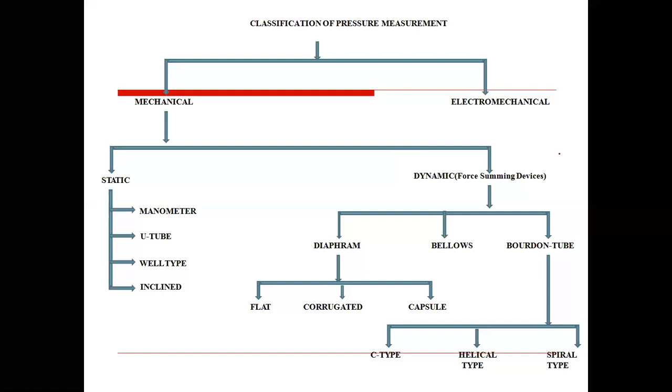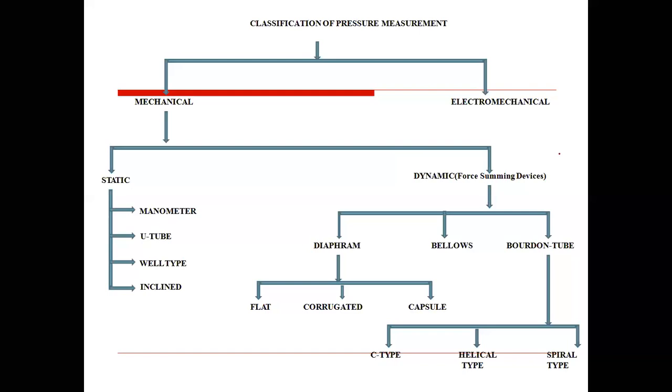So the general classification has been highlighted in front of you, which is classified into two categories, that is mechanical type of pressure measurement and electromechanical type of pressure measurement. Before going to electromechanical type, we will thoroughly discuss mechanical type of pressure measurement.